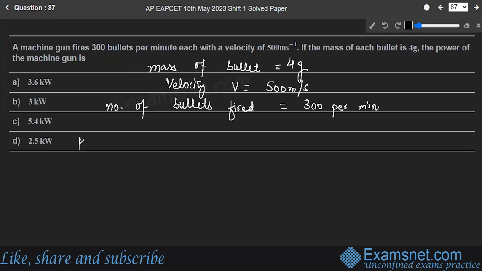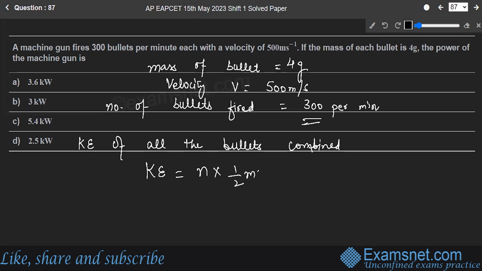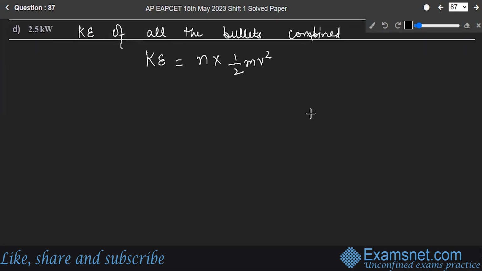So the kinetic energy of all the bullets combined is given by, because there are n bullets, this is 300 into half mv square, which is the kinetic energy of one bullet. And here you have this as 300 into half, mass of one bullet is 4 grams.